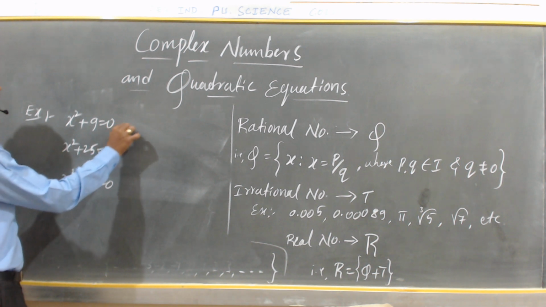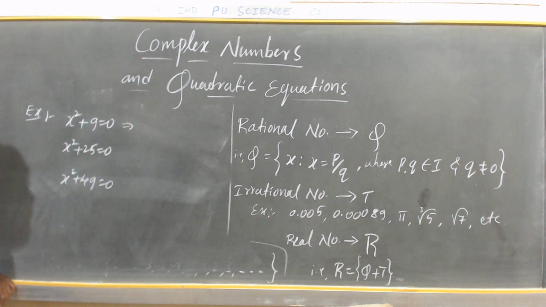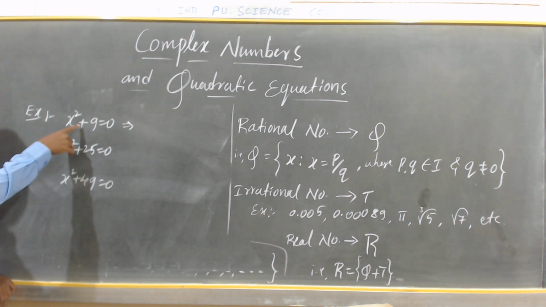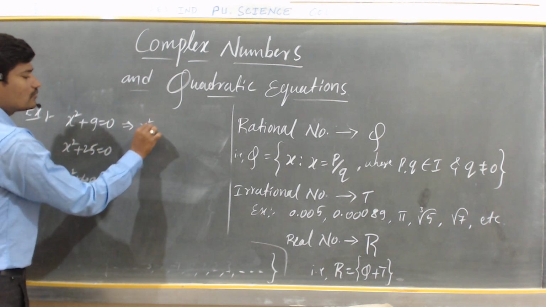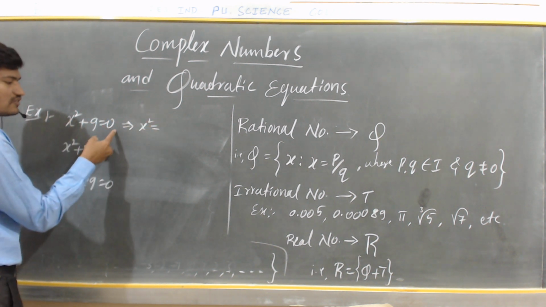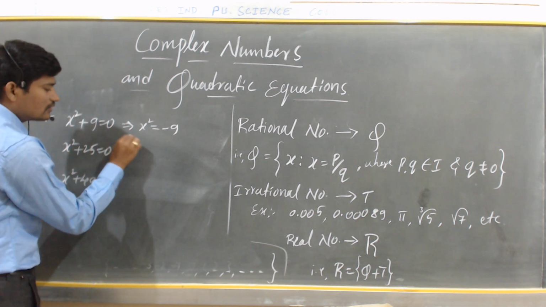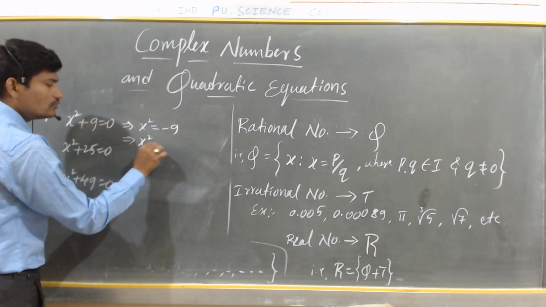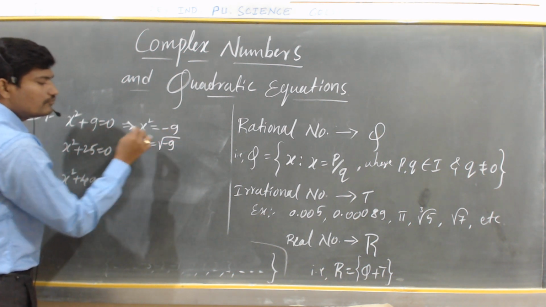Some students say you can solve similarly to what you solved previously. But check it: x square plus 9 equal to 0. Plus 9 comes to this side, you get x square equals minus 9, so x equals the square root of minus 9.